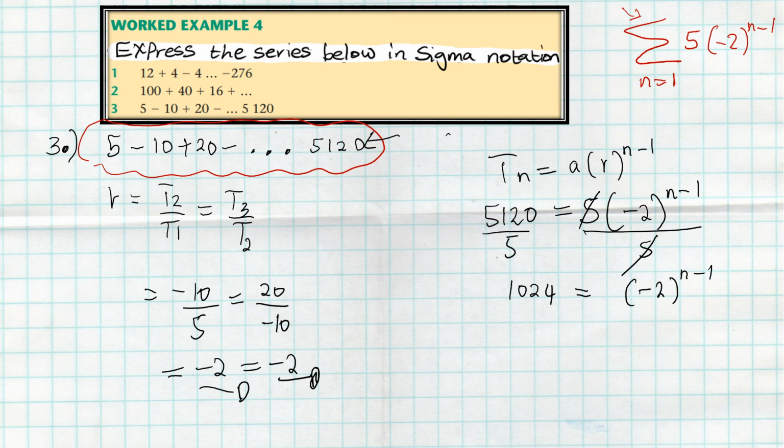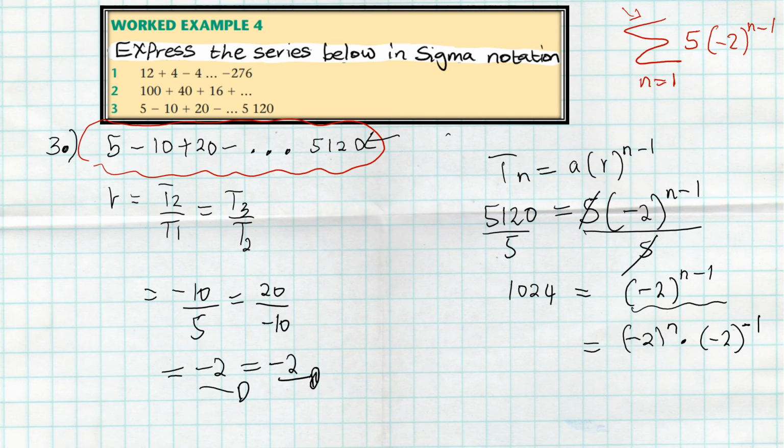So to calculate n here, I can first break this to be like minus 2 exponent n multiplied by minus 2 exponent minus 1. Yeah, I can do that.